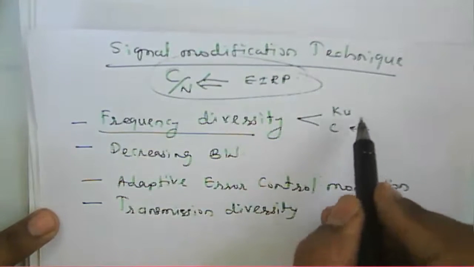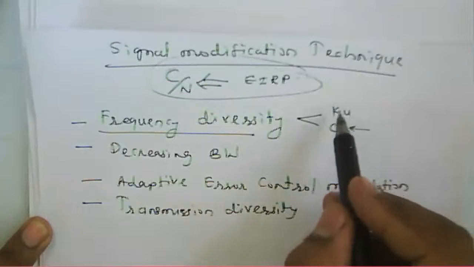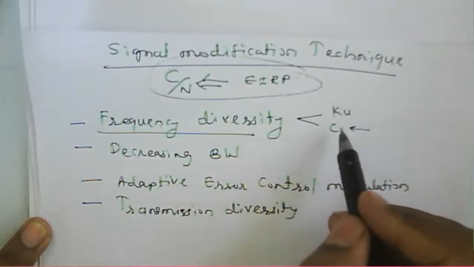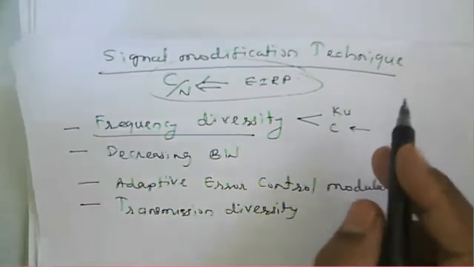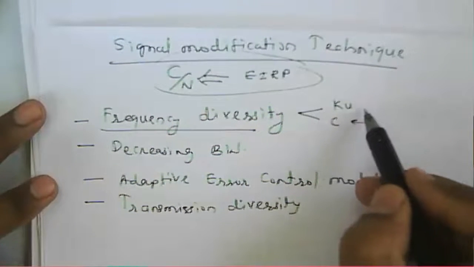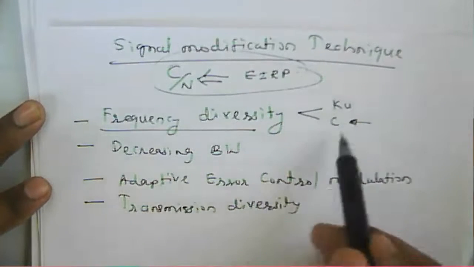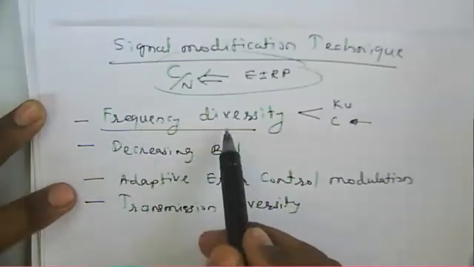So we can switch the operation of the satellite from the Ku band to the C band, so that we can reduce the rain attenuation. If frequency increases, rain attenuation increases. So we can reduce the rain attenuation by varying the operating frequency. That is nothing but frequency diversity.